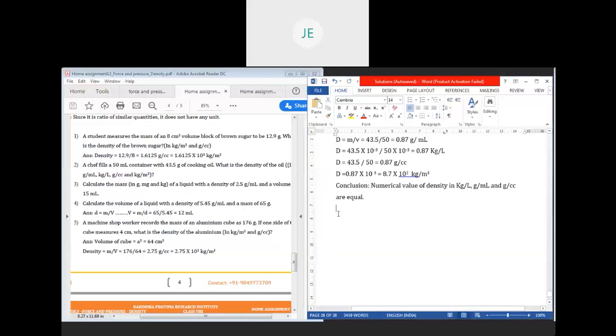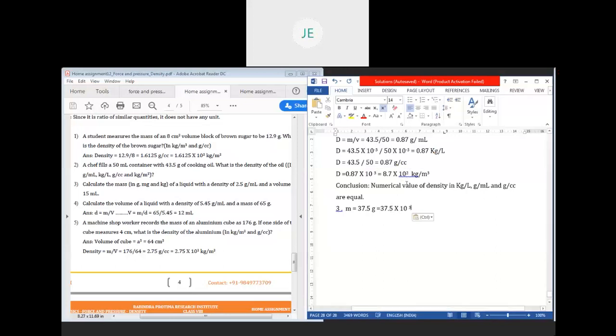By solving, you are getting third one, mass as 37.5 grams. Then which is equal to, in milligram, if you convert, 37.5 into 10 to the power 3 milligram.